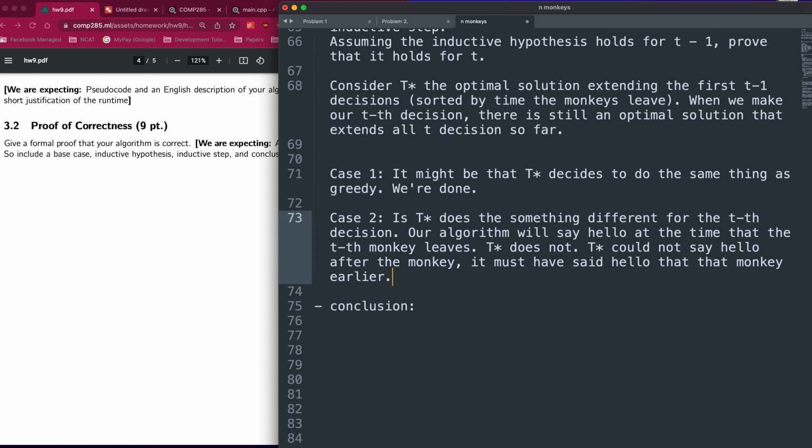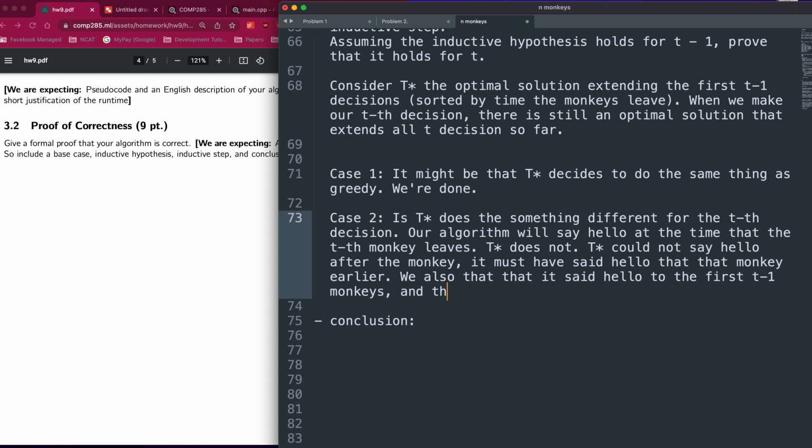Now, we also know that it said hello to the first t minus 1 monkeys, and this matched our greedy solution, right? So by assumption.